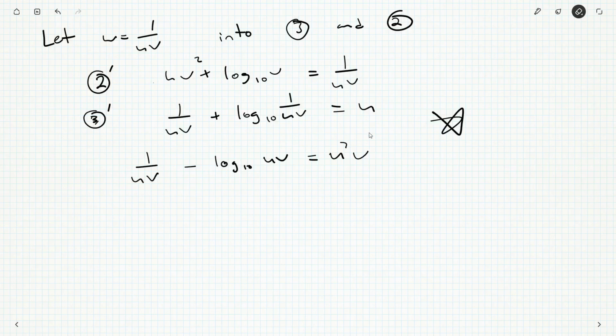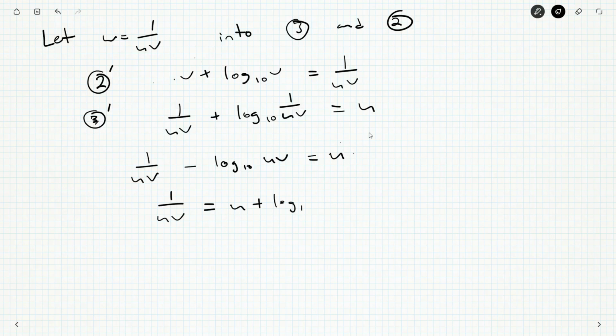Although, hang on. So we'll change this guy to, he's still a u. So I can rearrange this and say 1 over uv is u plus log base 10 of uv. I'm going to call this equation 4.